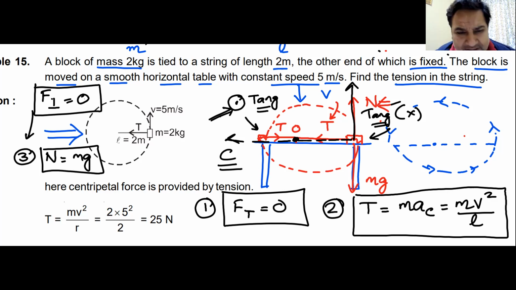The forces should balance in the perpendicular direction. Upward force must be equal to the downward force. Upward is N, downward is mg, and that is how you can get the values of everything. The value of tension is mv square by L, and the value of normal reaction is mg.